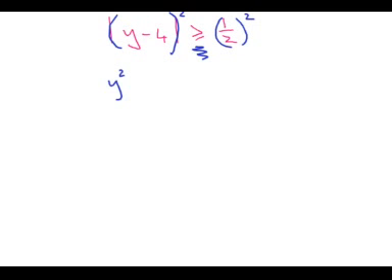Okay, alright, I see. So that y squared minus 8. Are you happy with that? Yeah. Okay, and then we're going to multiply right through by 4, correct?